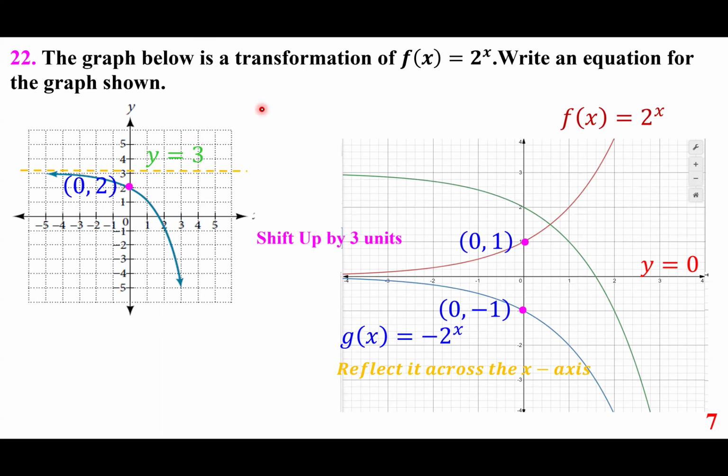So if you shift it up by 3 units, now this one has coordinates (0, 2). This one has the equation of a line y equals 3. So that is, let's call it h of x equals negative 2 to the power of x plus 3.